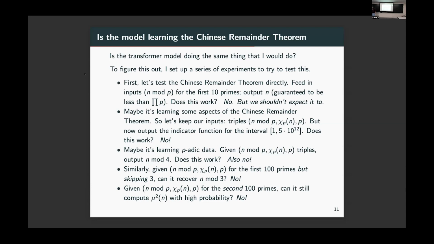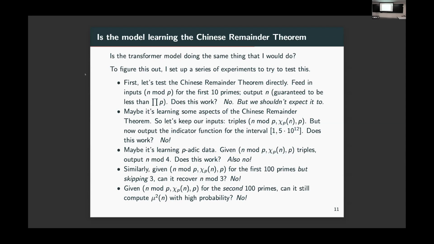But that doesn't tell us that it can't learn data associated to the Chinese remainder theorem, things that you would know if you were somehow encoding part of the Chinese remainder theorem within all your learned weights. So for example, suppose all my inputs were up to 10^13. Can it identify whether n was in the first half of the interval or the second half? It turns out it can't.